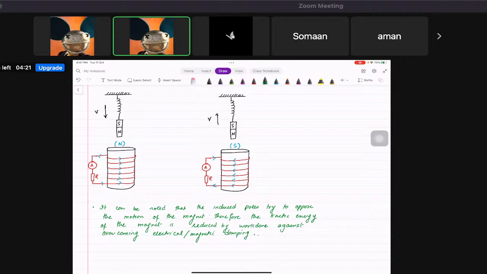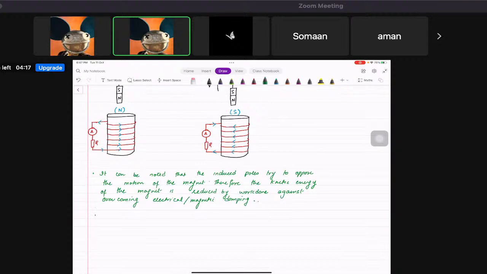Yes. So what happens is that hence the magnet would come to rest after performing a few oscillations. That's what we expect, right?